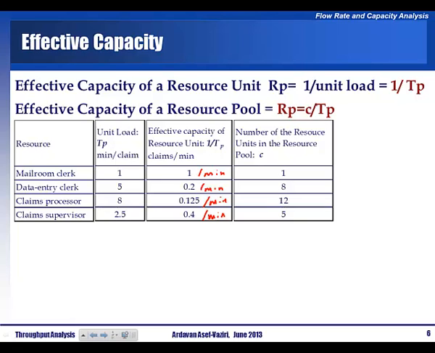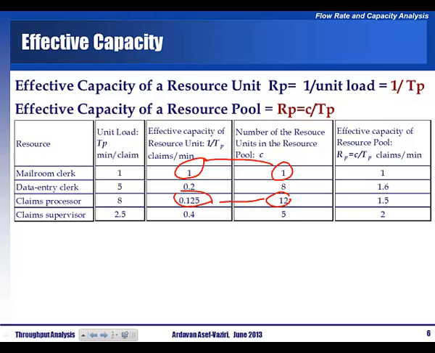Therefore, if I want to find the capacity, I multiply C by 1 over TP. I multiply these numbers by these numbers. And this is the effective capacity of the resource pool.